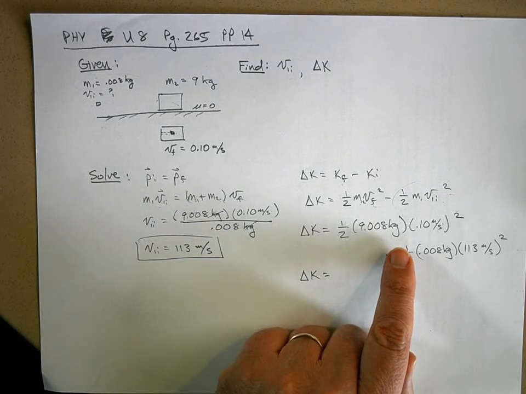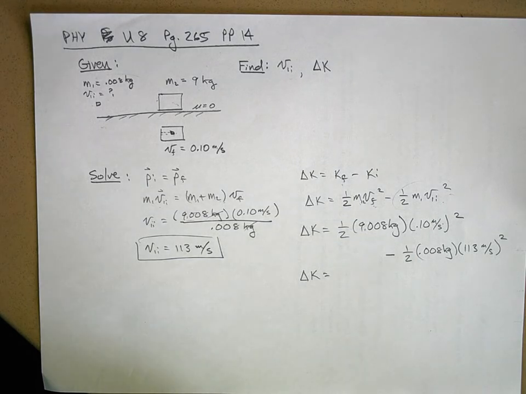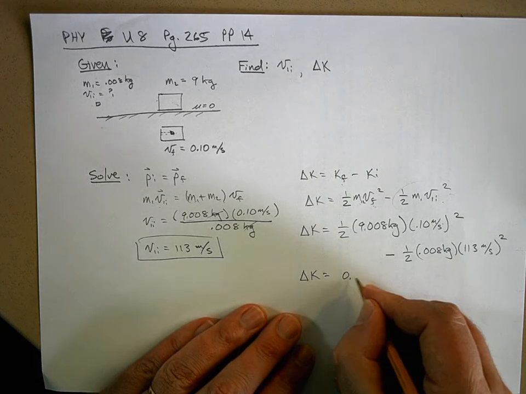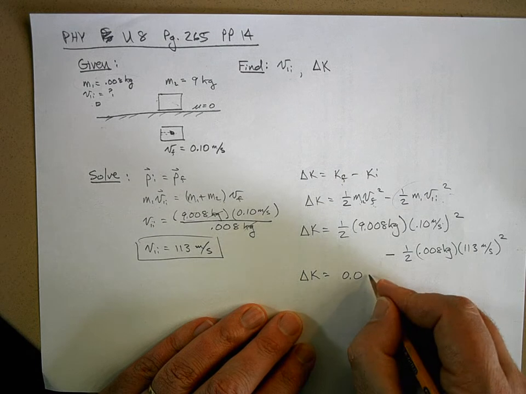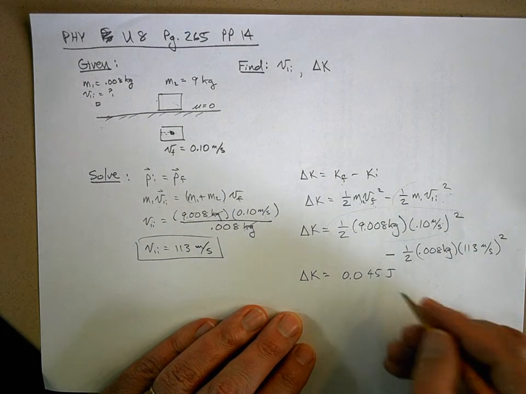All right, so delta K, let's see what I get when I do this. So 0.5 times 9.008 times 0.1 squared equals, and I get a measly 0.045 joules. So that's this guy.